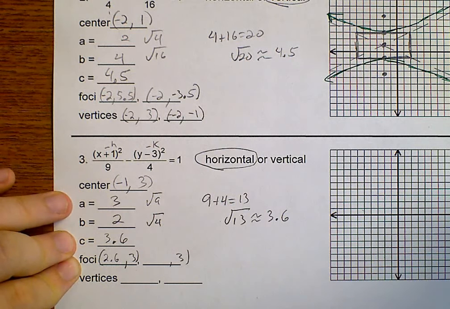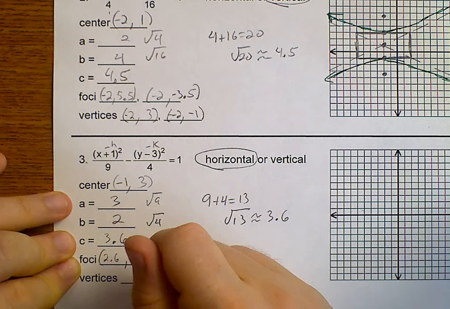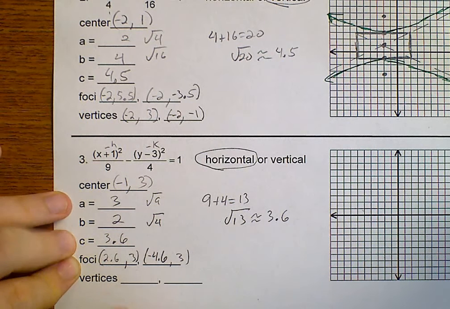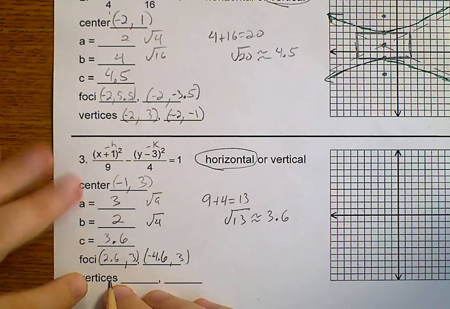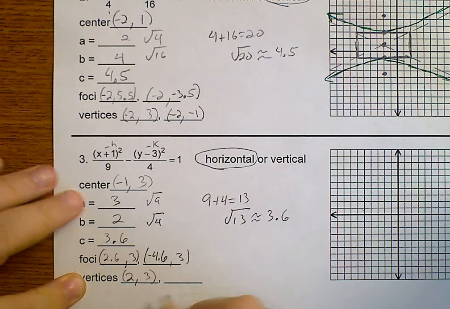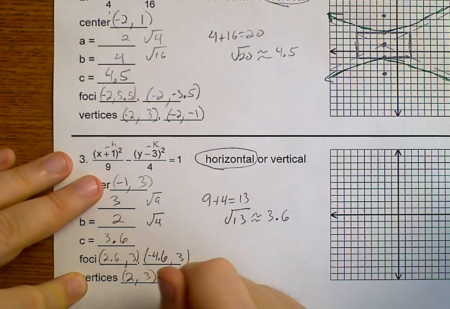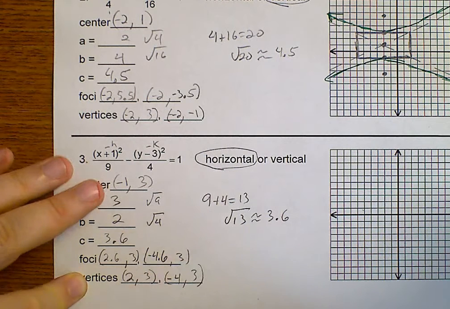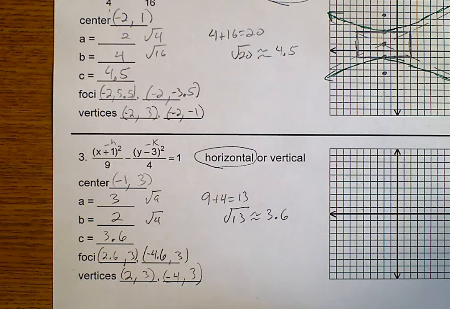And negative 1 minus 3.6 gives us negative 4.6. For our vertices, we take negative 1 and we add 3, giving us 2. And we take negative 1 and we subtract 3, giving us negative 4. So that's all of our information.